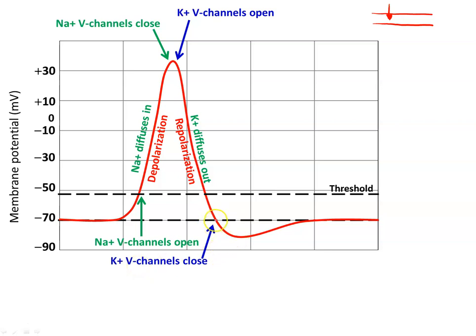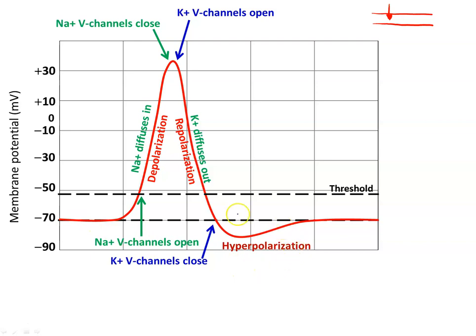And so what's going to happen is I start to close my potassium voltage gated channels, but I have this overshoot. Okay. And this overshoot is something that we call hyperpolarization. Okay. And we get overshoot because the potassium channels, they close pretty slow. Right? And so we get some extra leakage of potassium that's running out of there. And that causes this dip way below our actual resting potential.